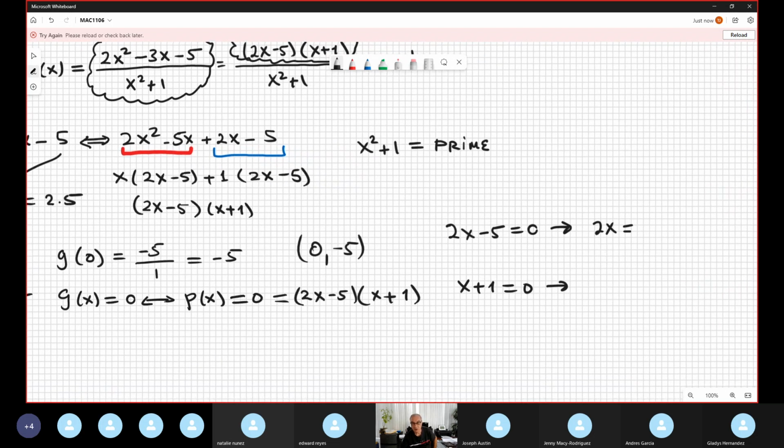2x equals 5, divided by 2. 5 over 2 in fraction, 2.5 in decimal. It is good to convert to decimal because I want to plot. 5 over 2, maybe it's not clear where the location is, but 2.5 is easier, it's in between 2 and 3, in the middle.